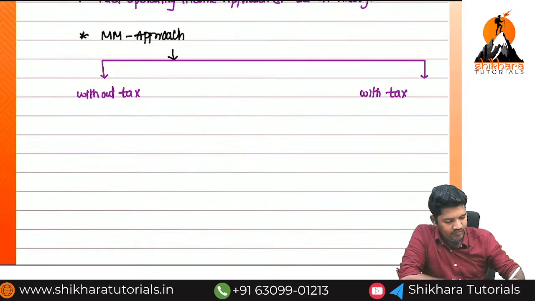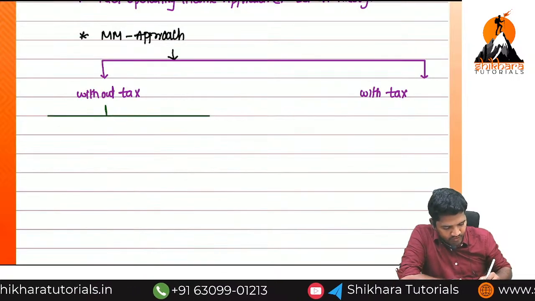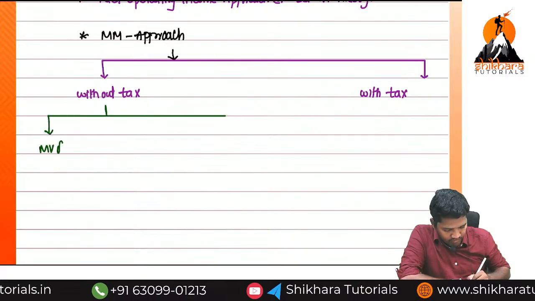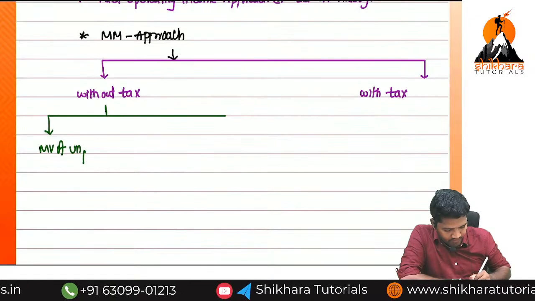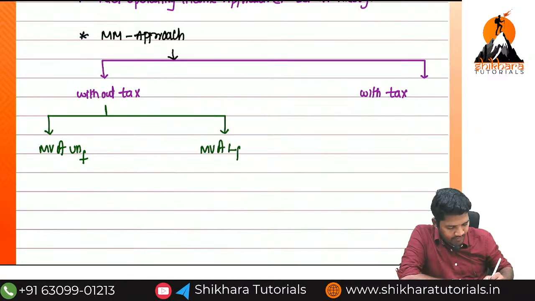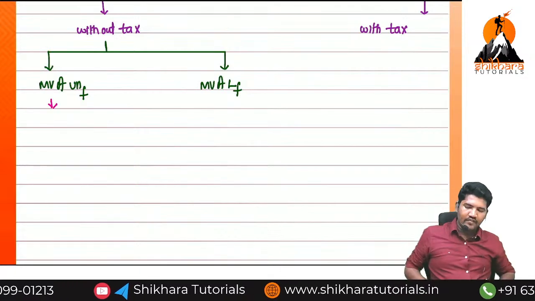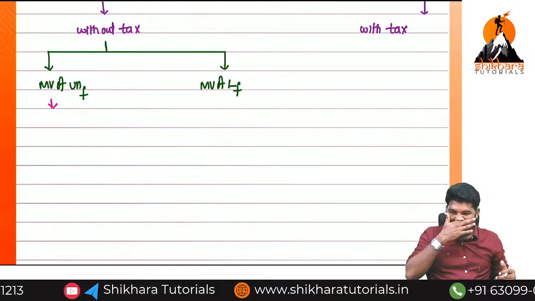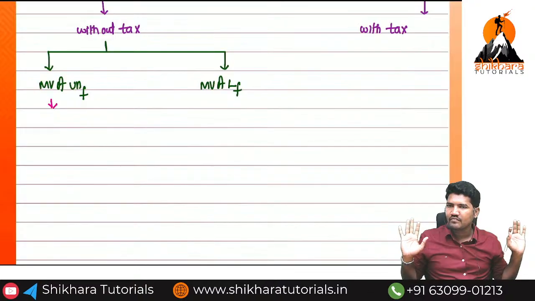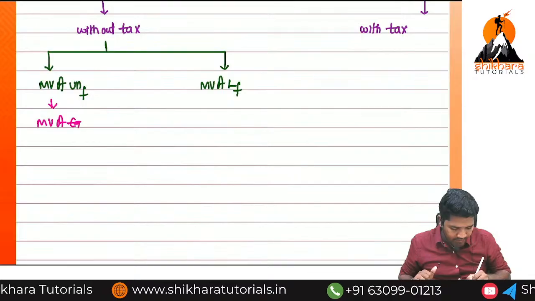When it comes to without tax, you have to calculate two things: market value of unlevered firm and market value of levered firm. Listen first. What does market value of unlevered firm mean? Can I use the word market value of equity? It is nothing but market value of unlevered firm. Yes or no, sir? Now market value of unlevered firm is nothing but market value of equity.